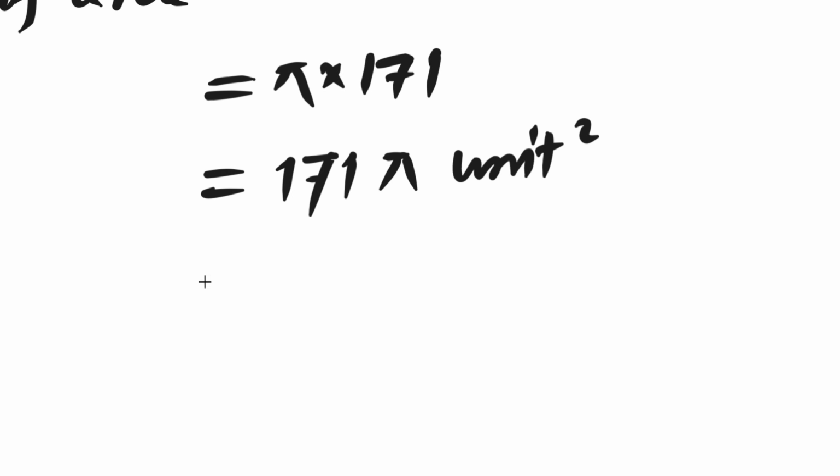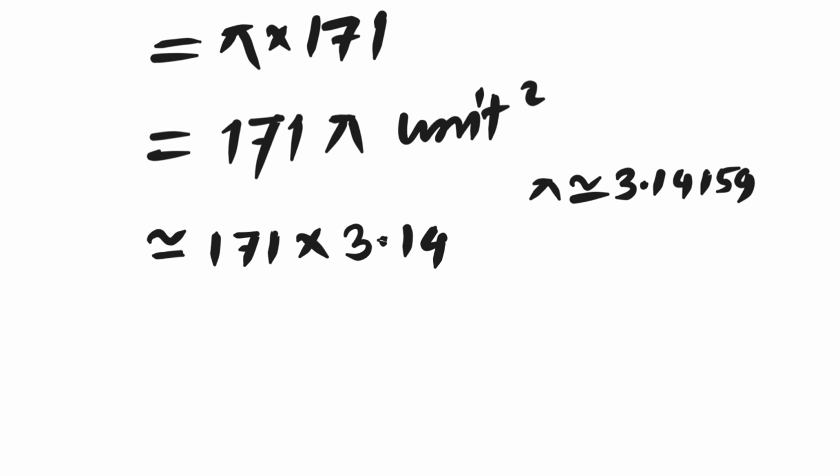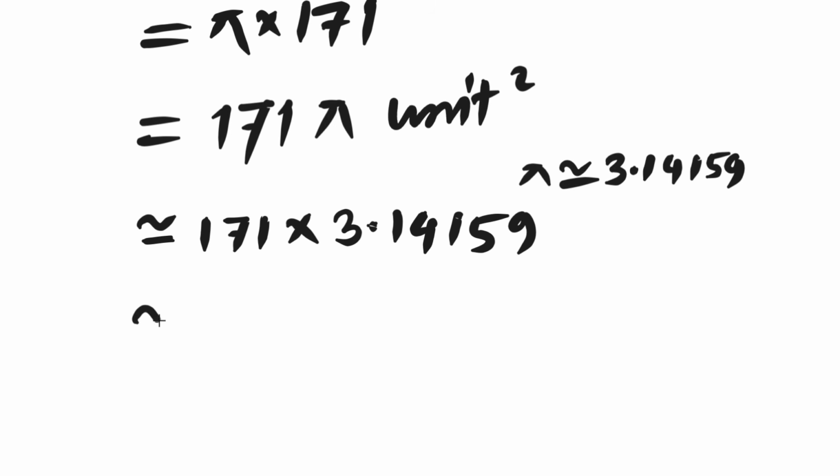If we also want a decimal approximation, we can use pi approximately equal to 3.14159. So the area is approximately 171 multiplied by 3.14159.